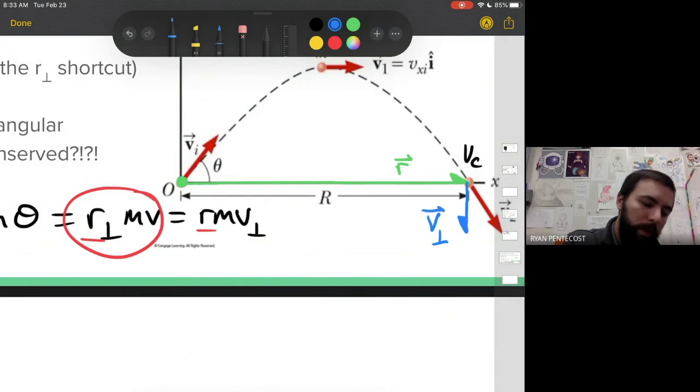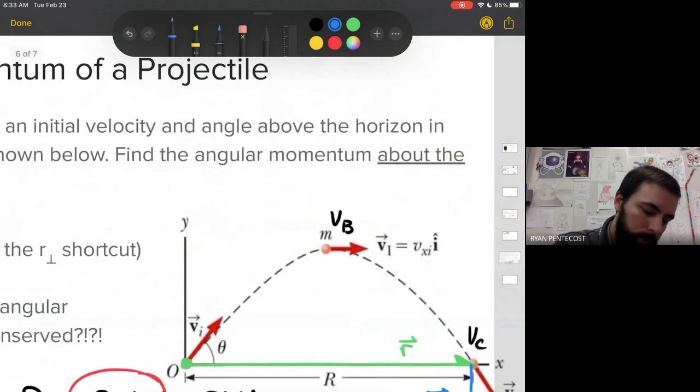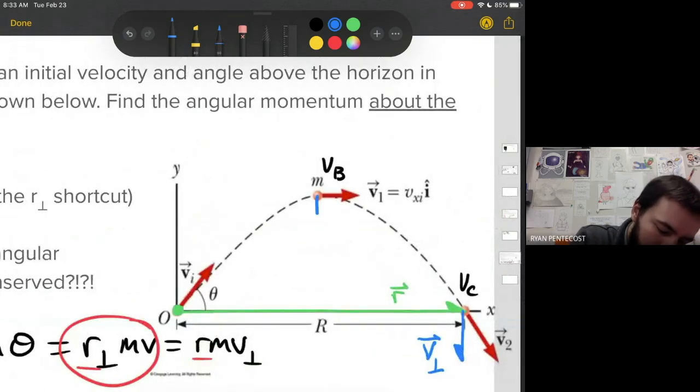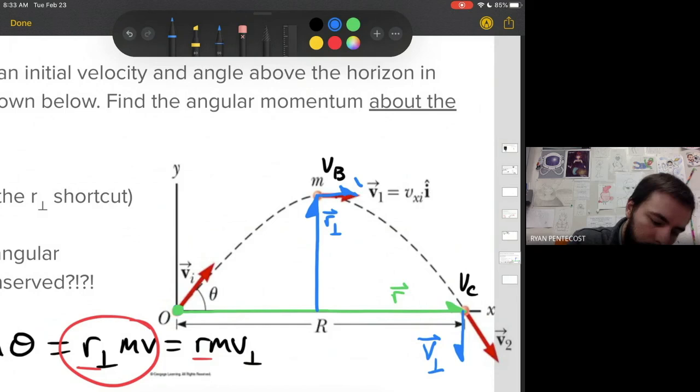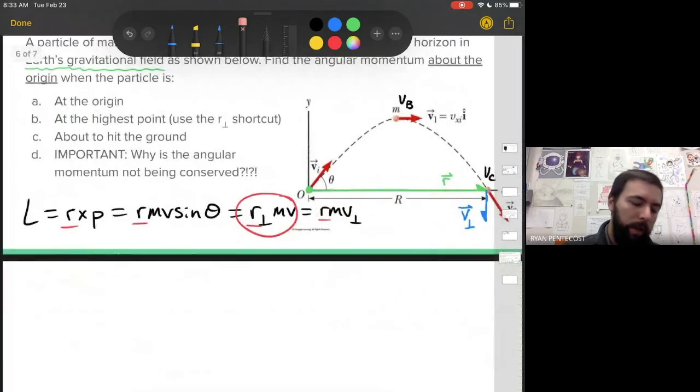Just like here, we had our perpendicular radius, and then we crossed that with our velocity. Here we're going to take our radius and use the perpendicular velocity. So similar concept, just something that we haven't done yet. So the radius, we use the range equation.